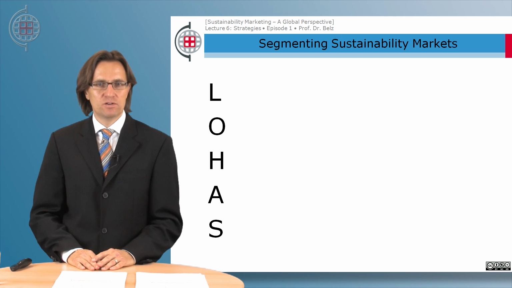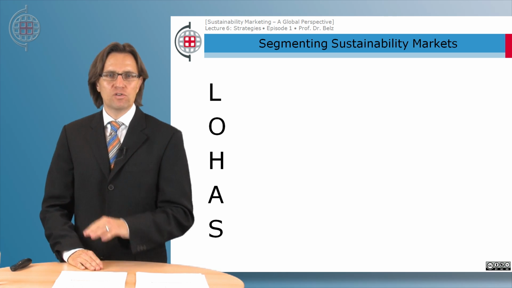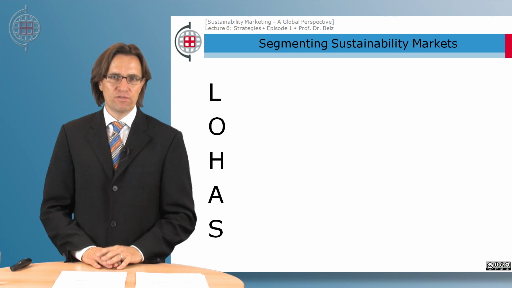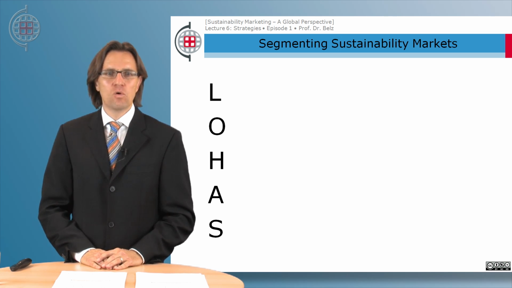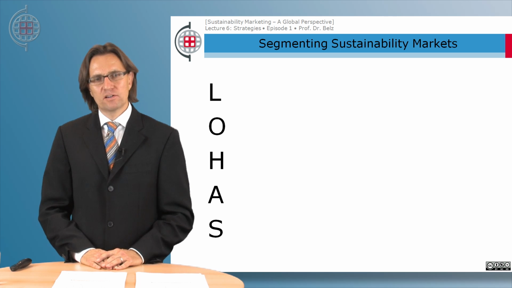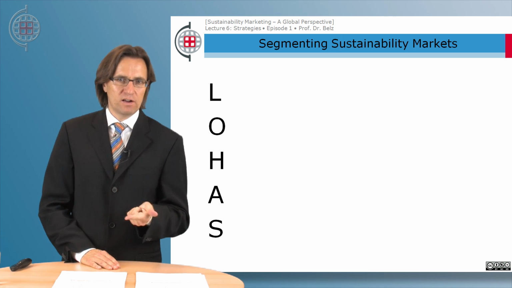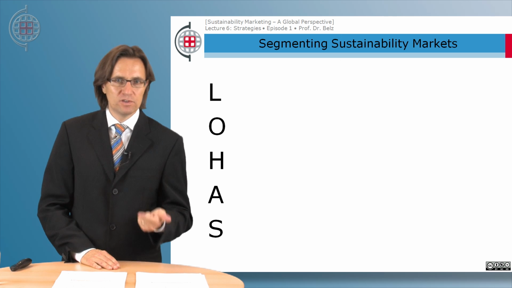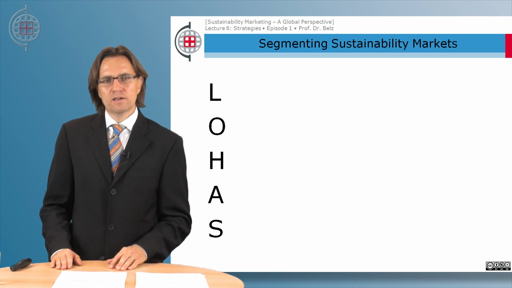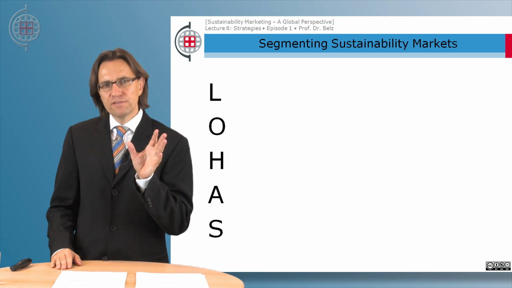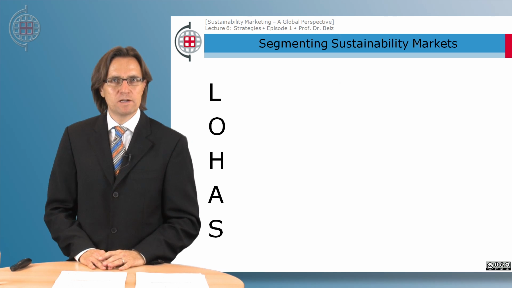And there is great empirical evidence showing that LOHAS exist all over the world. There are at least 20 different LOHAS studies in different countries like Germany, France, the Netherlands, New Zealand, and so on, showing that LOHAS account for 5 to 10, sometimes even 20% of the national population.